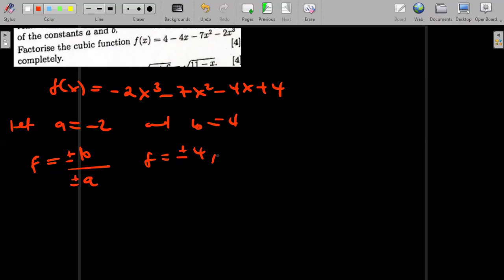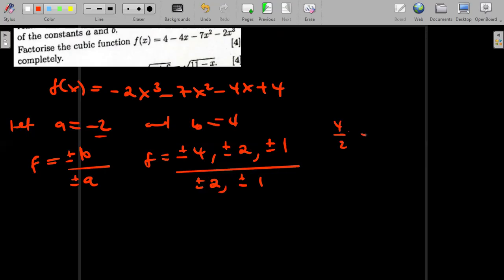So the factors of 4, both negative and positive: you have 4, then the other number that divides there without giving a remainder, you have 2 to be a factor, and also you have 1 to be a factor. Then down there, you have plus minus 2 of a, and also plus minus 1.